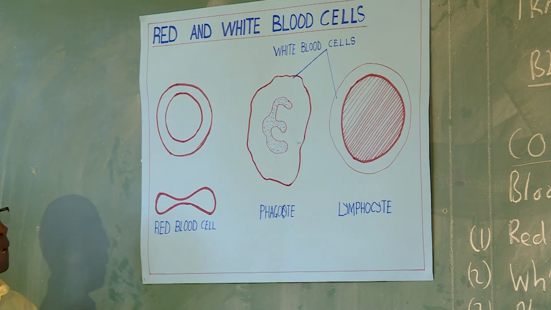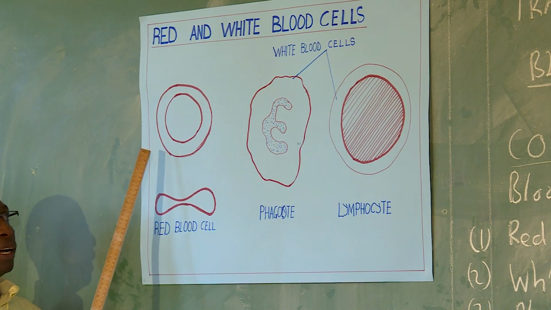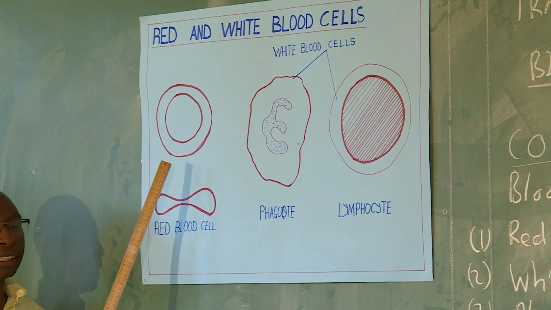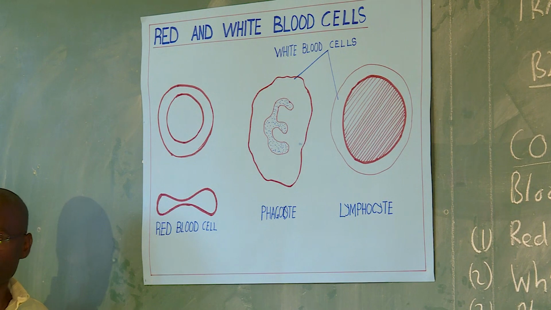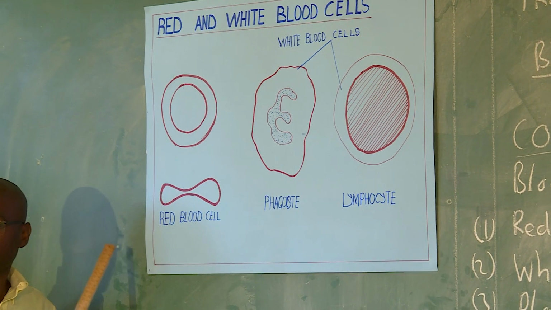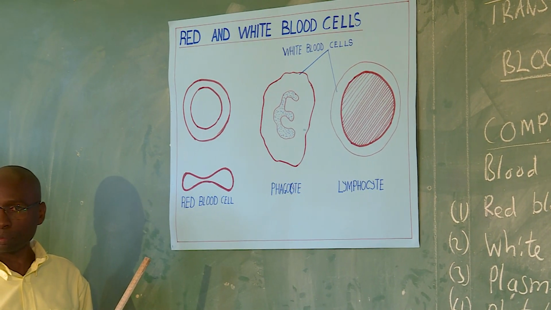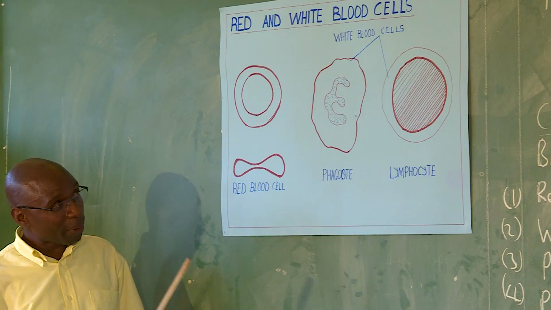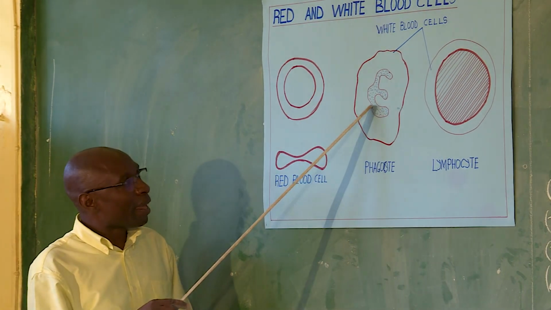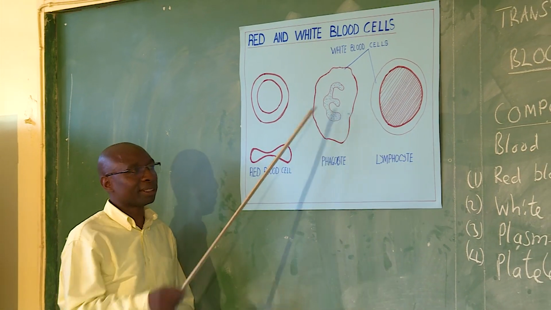Now, when you look at the red blood cells and the white blood cells, what are the differences in terms of structure? By the way, we have this part here and the other one there.